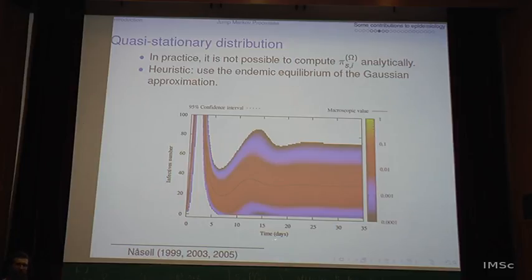And when you do some numerical comparison between the analytical results and some Monte Carlo simulations, it's in good agreement. So you put yourself in the position where this kind of approximation is going to be more or less valid, and that's why you obtain your results analytically. So that's a heuristic: use the endemic equilibrium of the Gaussian approximation to approximate the quasi-stationary distribution.